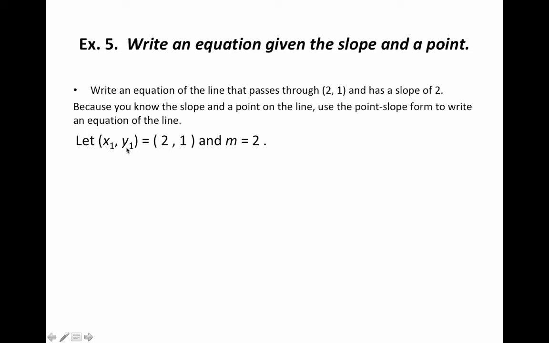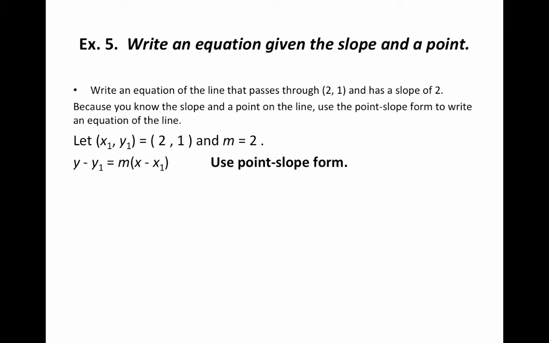So we're going to let (x1, y1) equal (2, 1), and m equal 2. And so we're going to use point-slope form, y minus y1 equals m times x minus x1. We're going to plug in what we know. So we're going to plug in 1 for y1, 2 for m, and this 2 for x1.